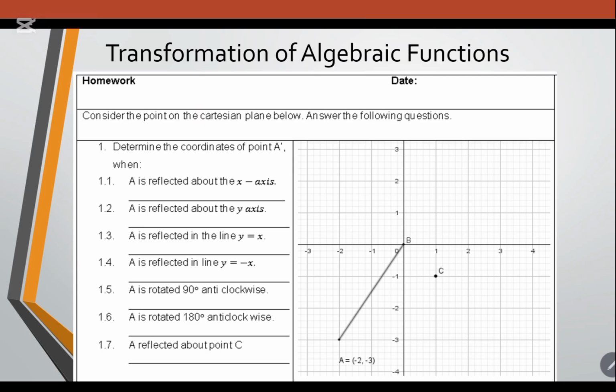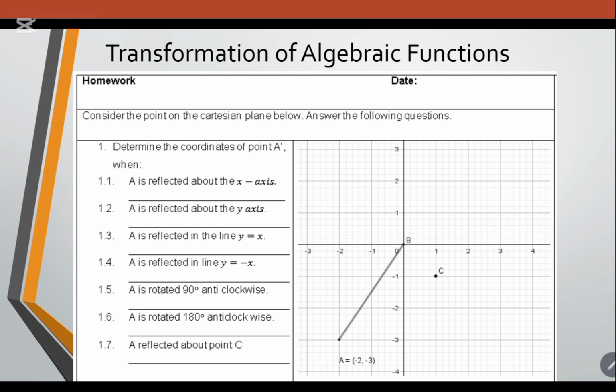Design a worksheet of this nature, give it to the learners as part of the homework. Let them go and deal with the worksheet. When they bring it tomorrow, you do the corrections, and then you take this information, you transfer it to the algebraic functions, and you complete the transformation.